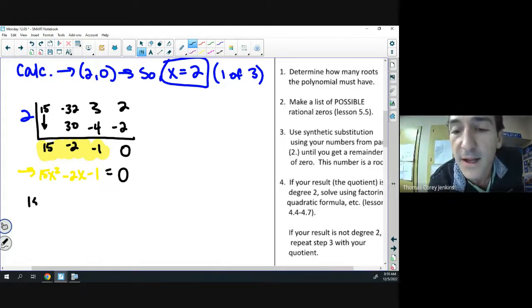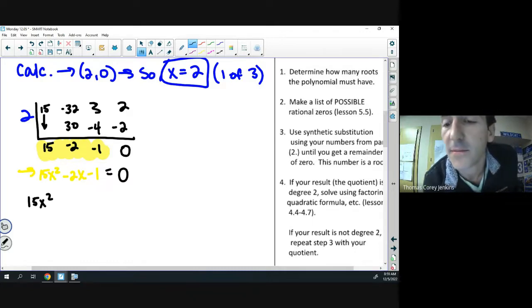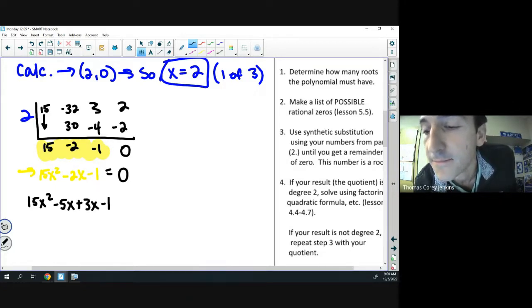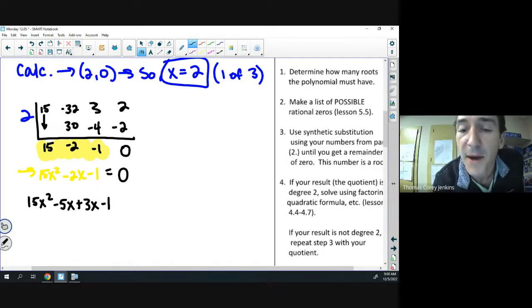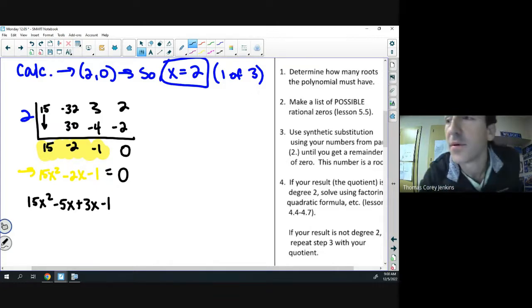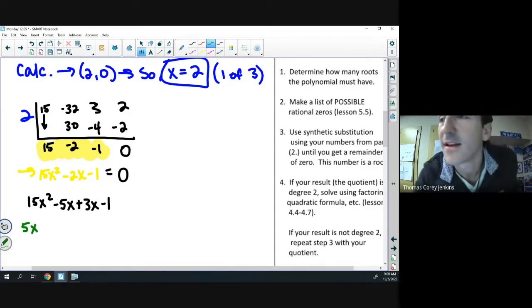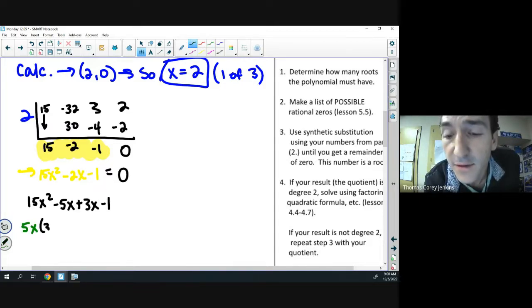So we could split up the minus 2x in the middle as negative 5x plus 3x, because those 2 multiply to negative 15. Out of the first 2, we could pull a 5x. That would leave me with 3x minus 1.